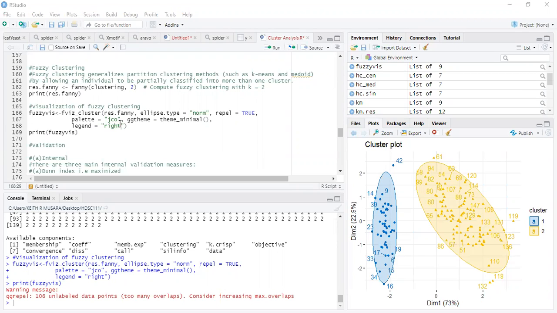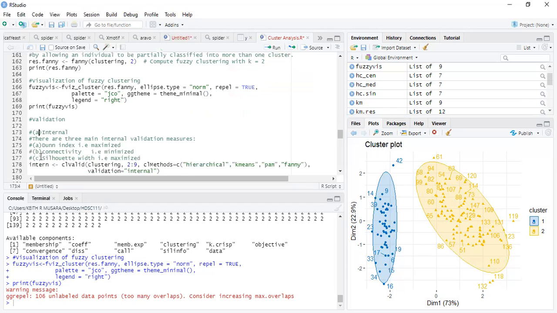Based on the four methods you've done, some of them are prompting you to say this data set has 2 clusters, some are prompting 3 or 4 clusters. It depends on your perception. But at the end, you need to validate the clustering methods that you have.